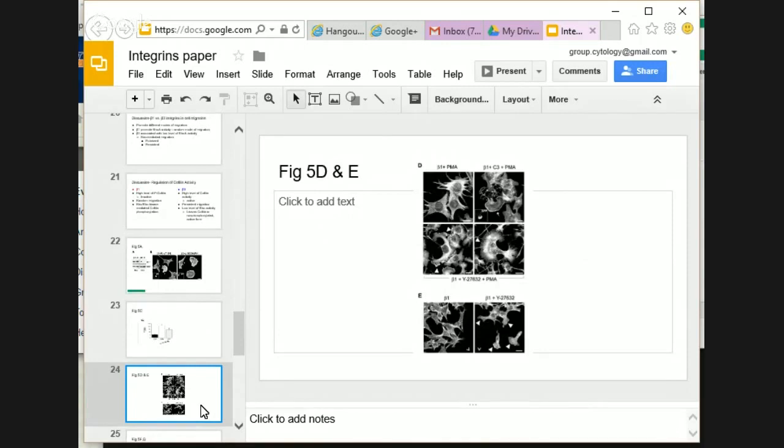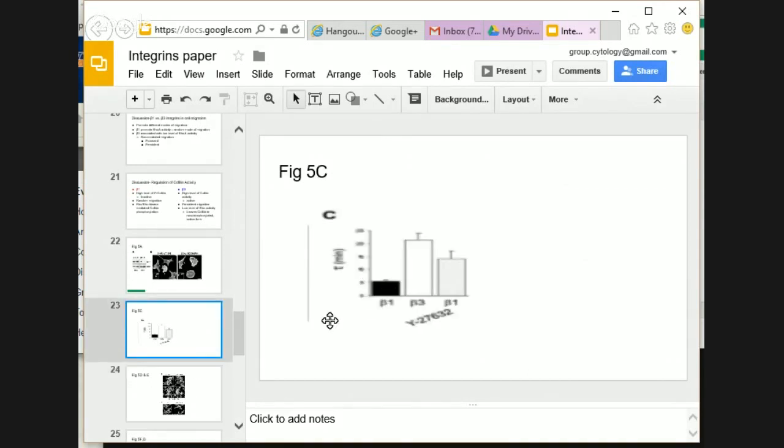Y27632, a Rho kinase inhibitor, is a downstream inhibitor of Rho signaling. In Y27632-treated GE beta 1 cells, there was a significantly lower half-time of loss of fluorescence and a very high half-time of loss of fluorescence in untreated beta 1 cells.